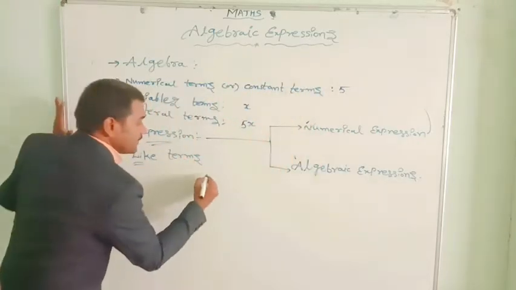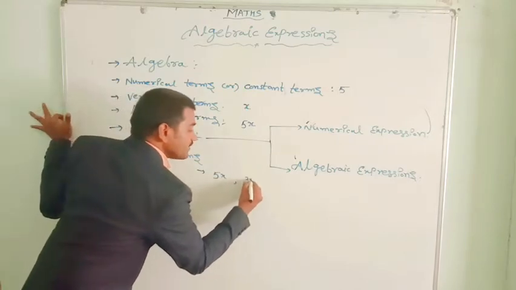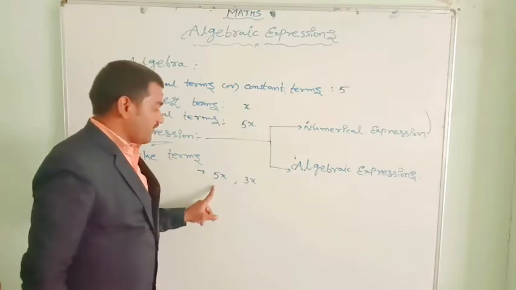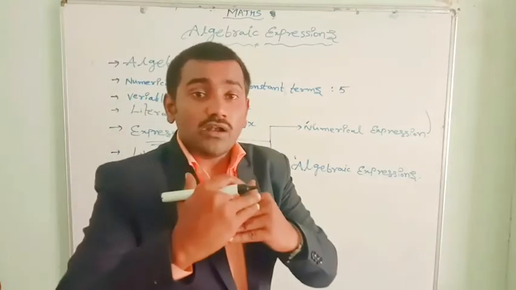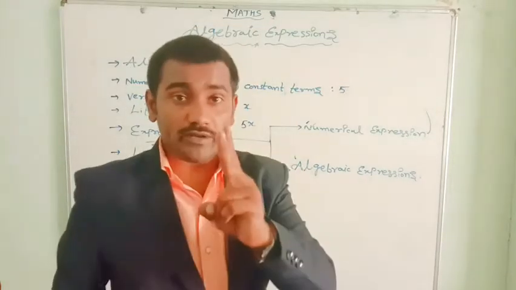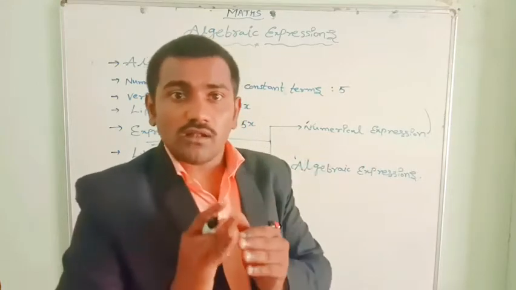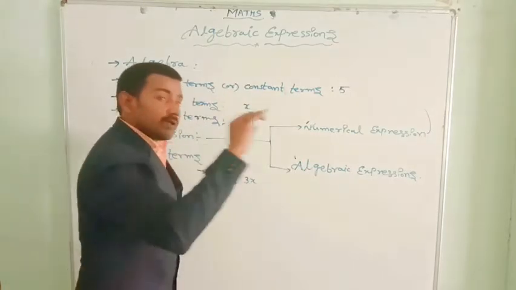Suppose, let me write here 5x, 3x. Here, for 5x and 3x, we should only see the variable and the exponents of the variable. Only two things you need to remember. First, variables: they should have the same variable, and the variables should have the same exponents.